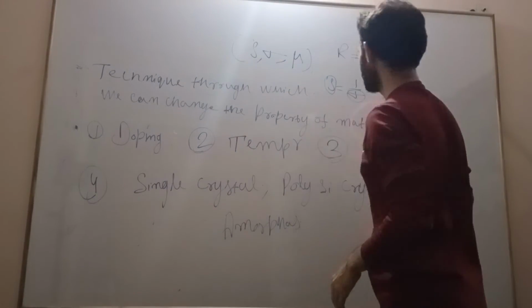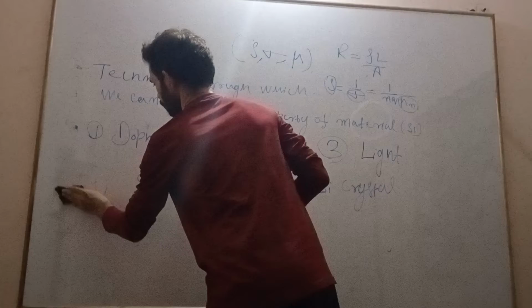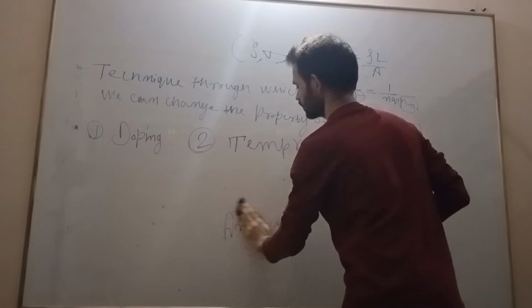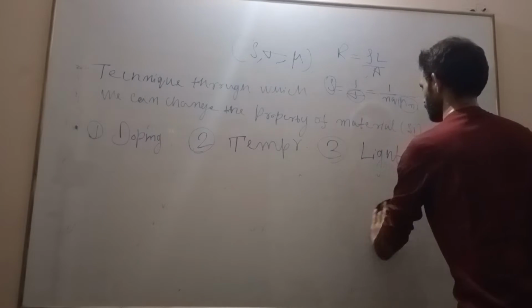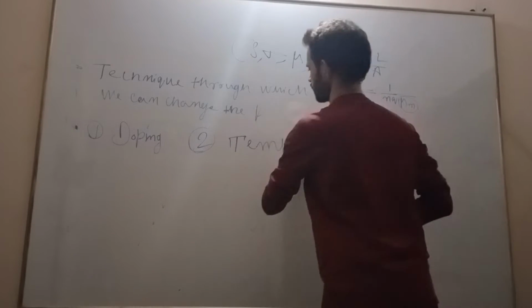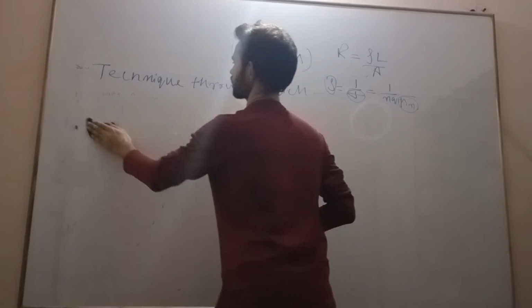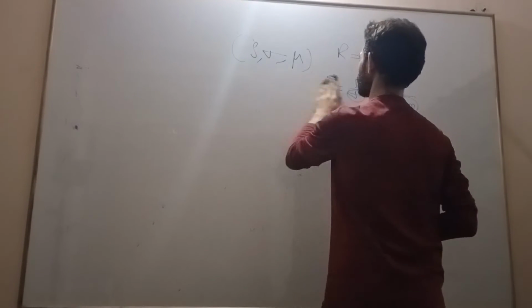Now we will see the other aspects through which we can understand more deeply how a semiconductor, or electronic device, is different from an electrical device.